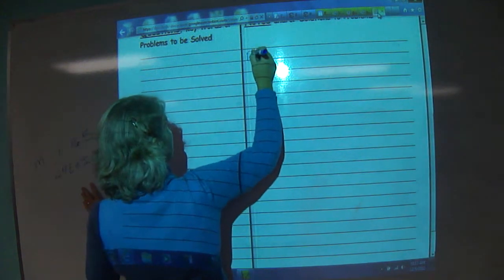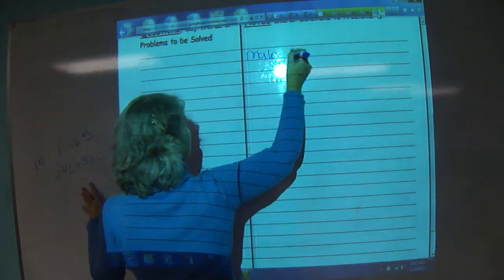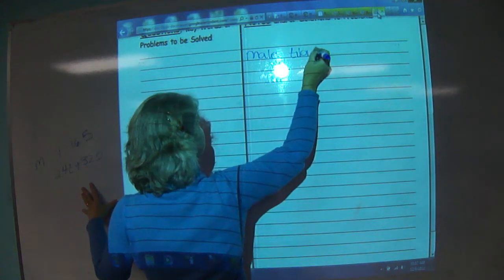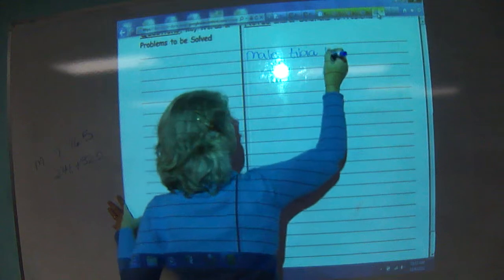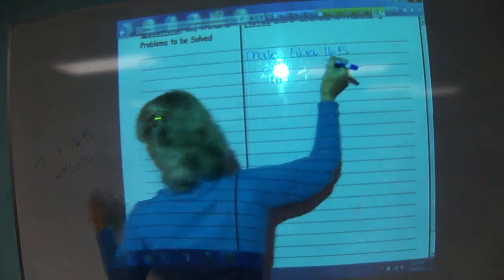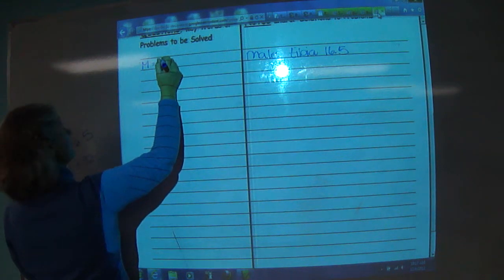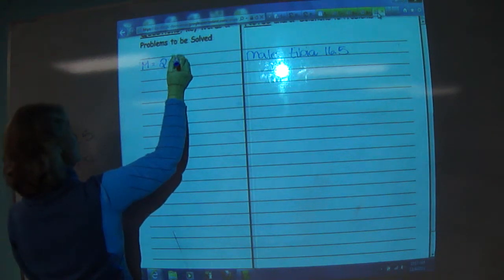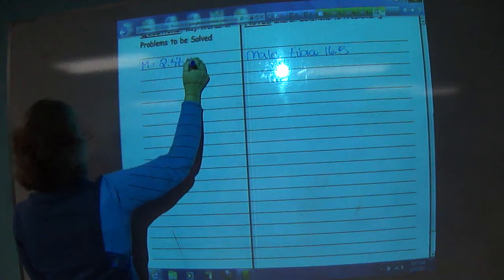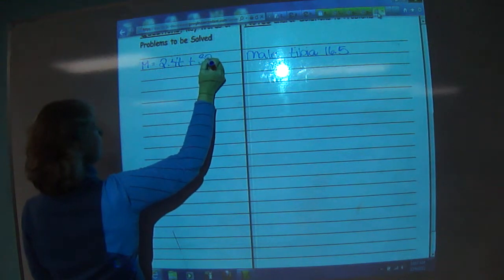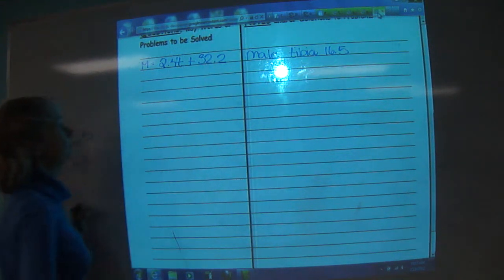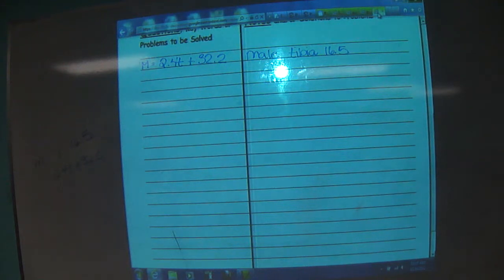So we have a male with a tibia of 16.5. What do we know? A male equals 2.4 times the tibia plus 32.2. Everybody with me so far?